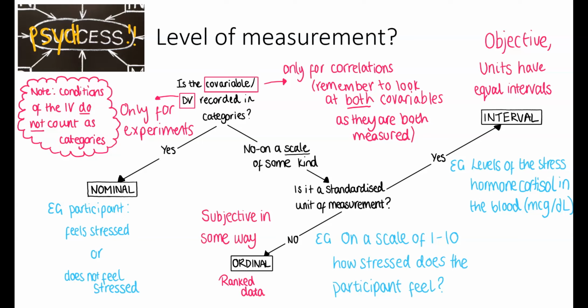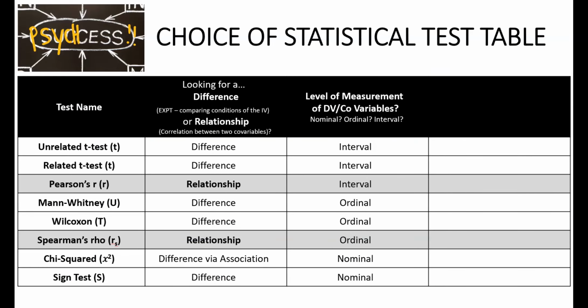You can convert interval down into nominal, but you cannot convert nominal up to interval. This is generally in line with the complexity of the tests, with the more straightforward calculations being for nominal data and the more complex calculations being for ordinal and interval.